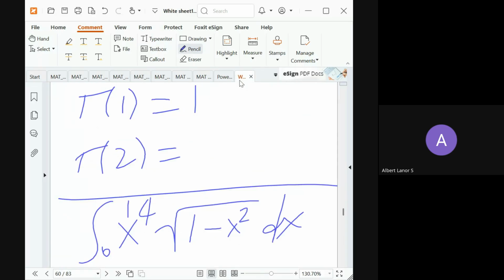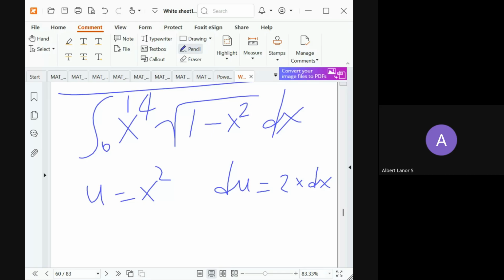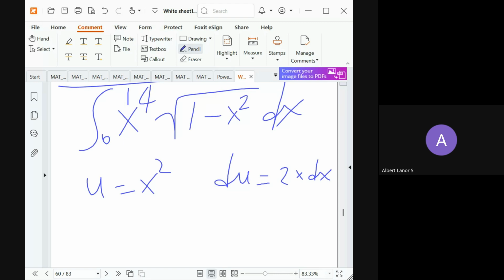So let's do it. Now we'll say that let u be x squared. Then du is 2x dx. Now, we want to write everything in terms of u. So this will be the integral, and the limits I'll leave them.